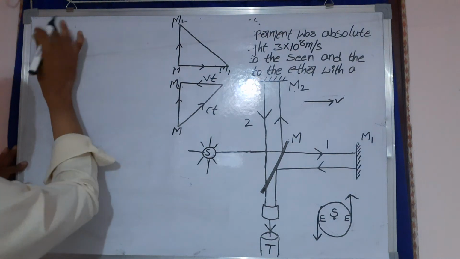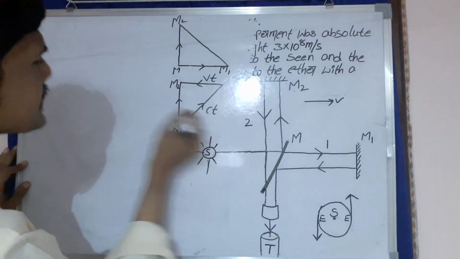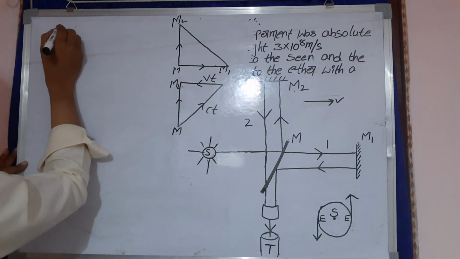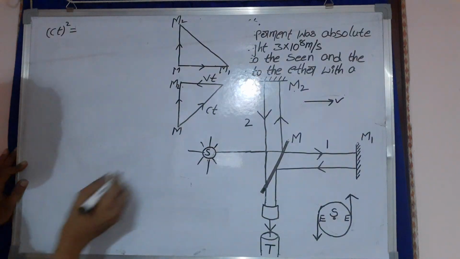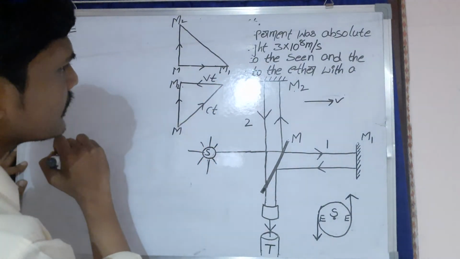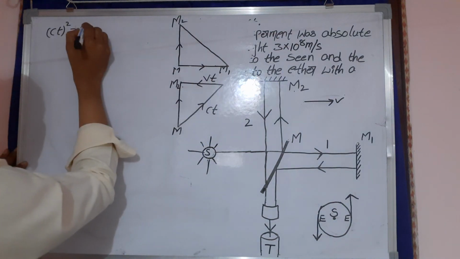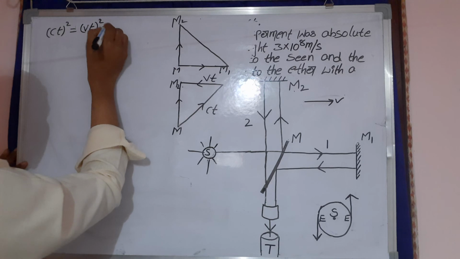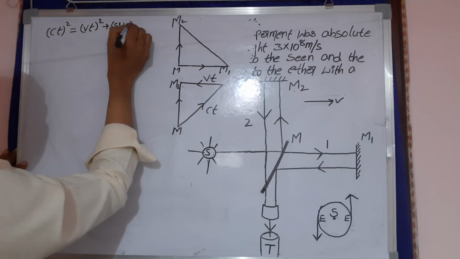Mathematically, the hypotenuse is ct, so the hypotenuse square, ct whole square, equals side square plus side square. One side square is vt square, plus the other side square.